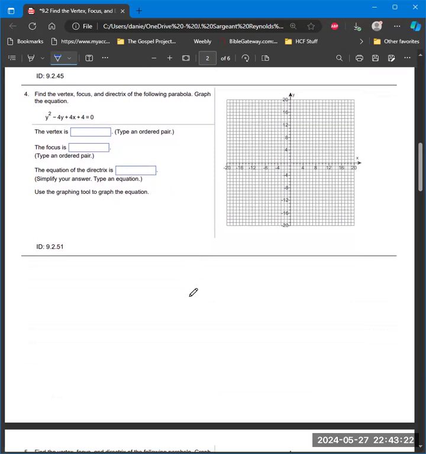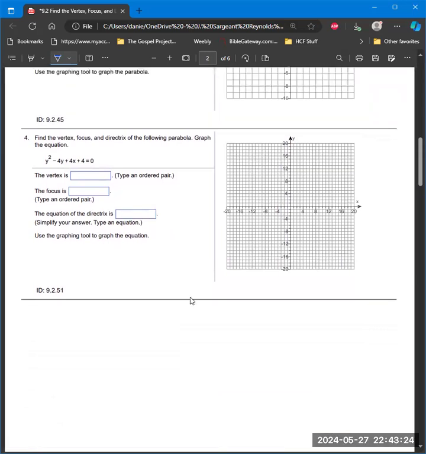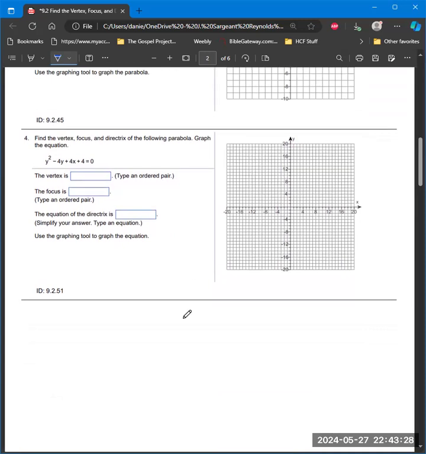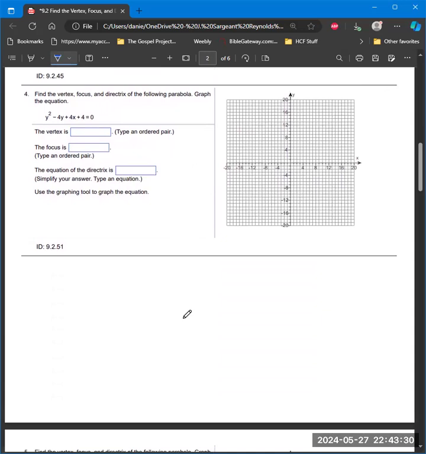Now we're going to complete the square, and the y is squared here, so it's going to be on the left-hand side. Then this is -4x minus 4 over here. And then this is going to be half of this number squared.